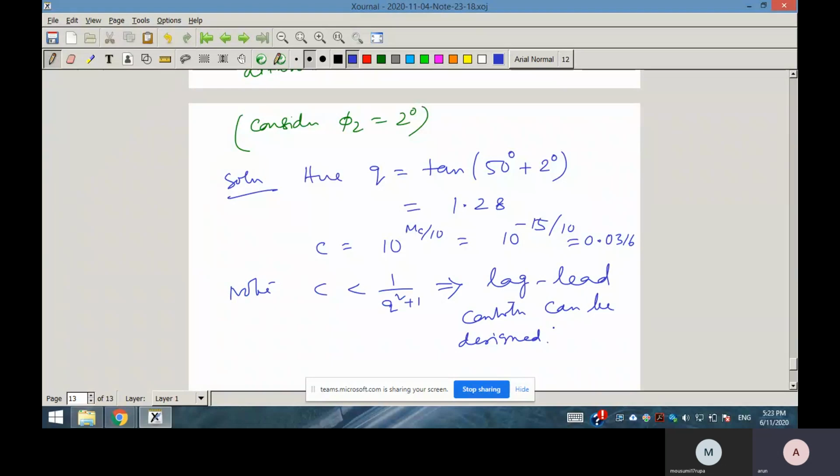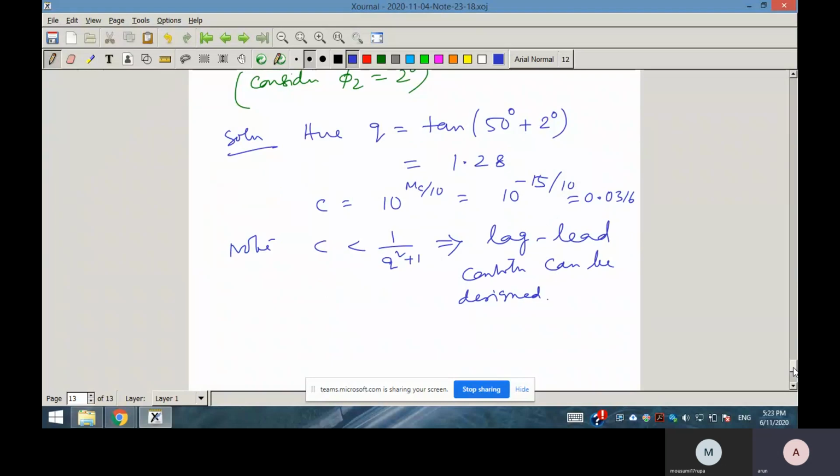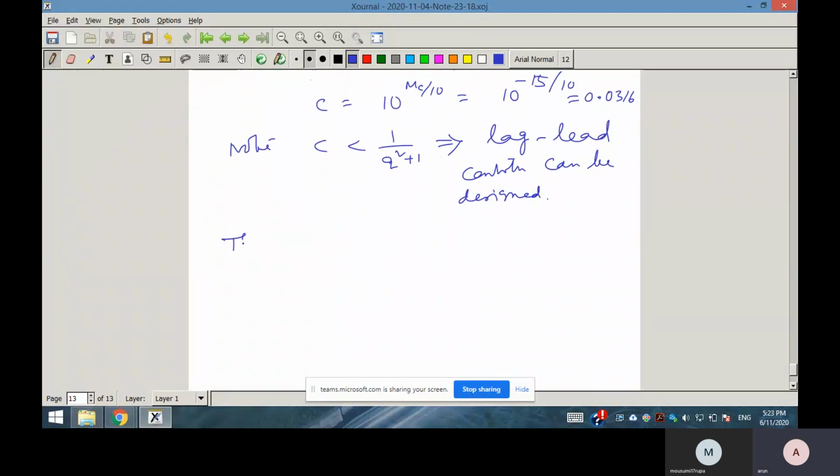So now what are the parameters we will compute? First, as I said, we will be solving the quadratic equation, to solve for alpha and a.